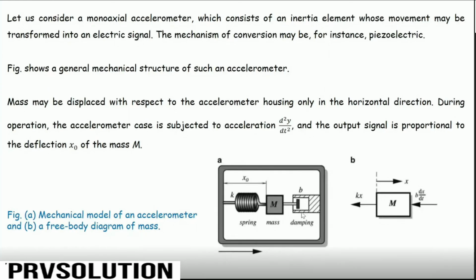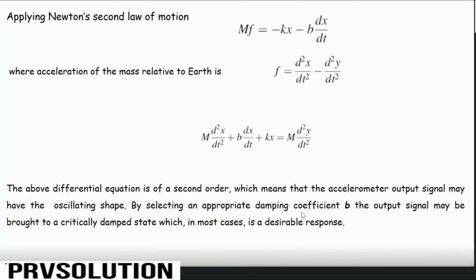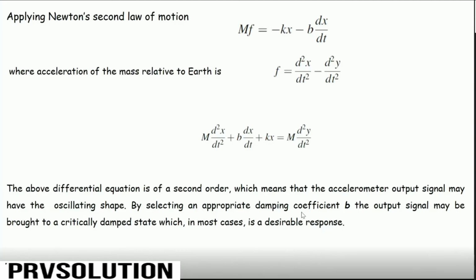For this, we can write a mathematical expression with the help of Newton's second law: F equals minus kx minus bx'. That I think you know. Kx and bx' are the energy stored in the mass-spring system. To compensate for that, the two forces must be equal, where F is the force related to the acceleration of the mass, d square x by dt square.